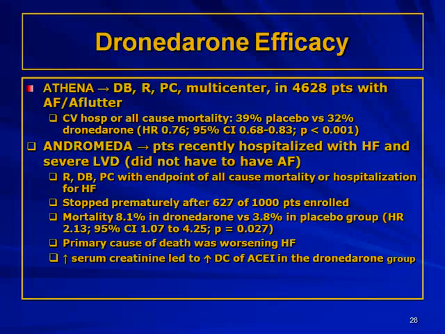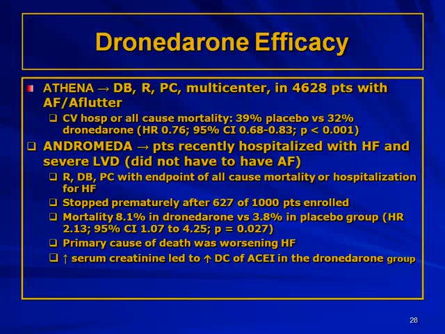And that was because mortality was increased, 8% with dronedarone, about 4% for placebo. So a twofold increase in mortality. The primary cause of death was worsening heart failure. One of the issues with the study is that I don't think they completely understood that dronedarone increased serum creatinine, that it was not related to renal damage.